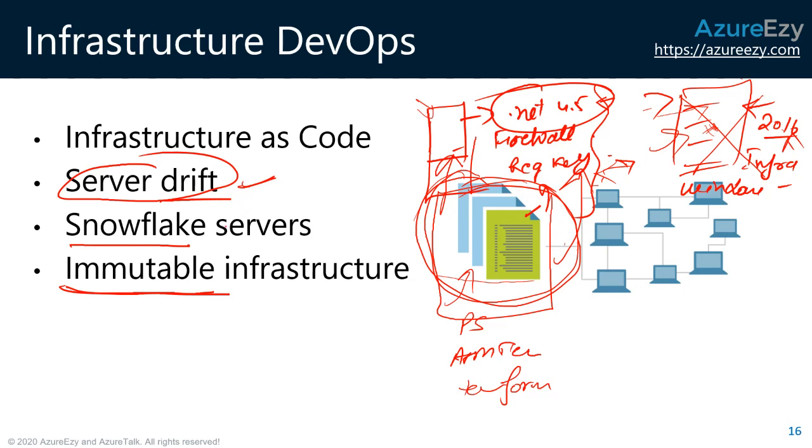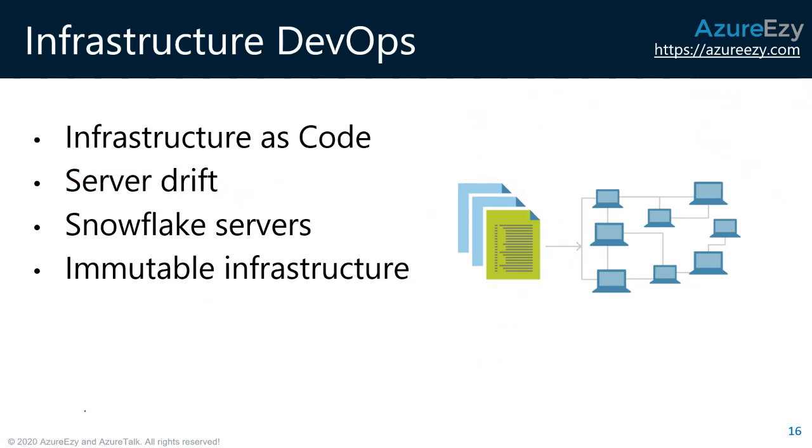Now, with Snowflake servers, you discover the problem when you face it. Now, suppose you did not face the problem. Your application is not down, no problem is coming, everything is working fine.